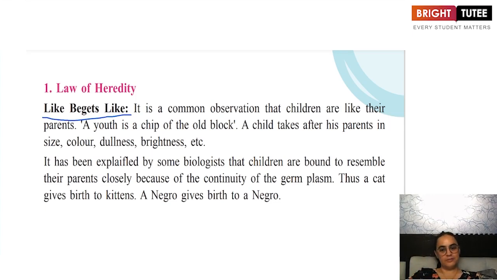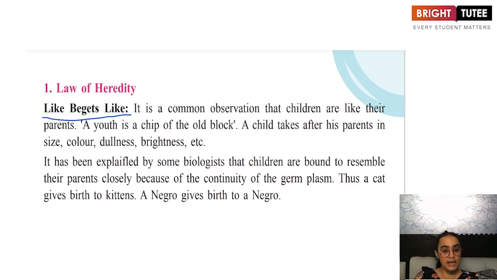Okay? The characteristics that the parents have, they are going to produce an offspring possessing the same characteristics. So a child will always take after his parents, be it in size, be it in the color, be it how bright, how dull, how intelligent, how smart, how wise they are.